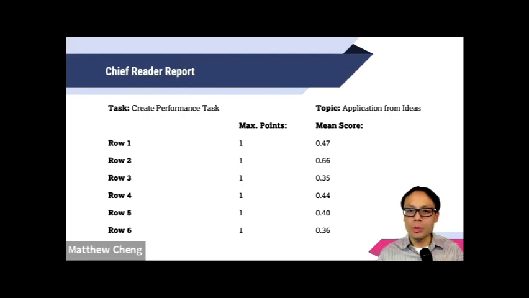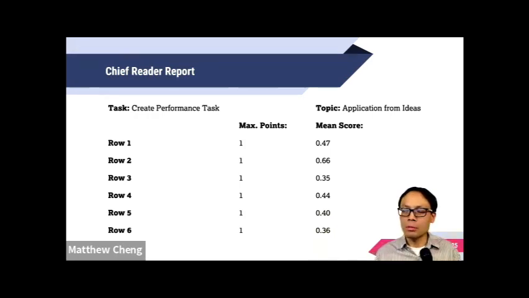The highest scoring row was row 2. Row 2 is just asking for the list, specifying the list. Row 3 was managing complexity, and that was only 35%. That was actually the lowest row, and I think probably because students weren't really able to explain how their program could have been written differently.